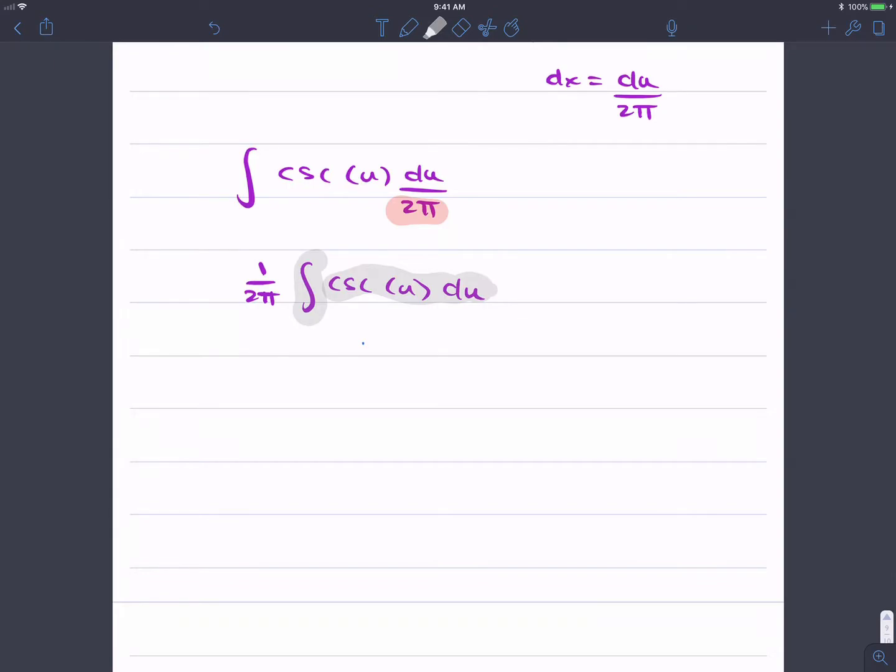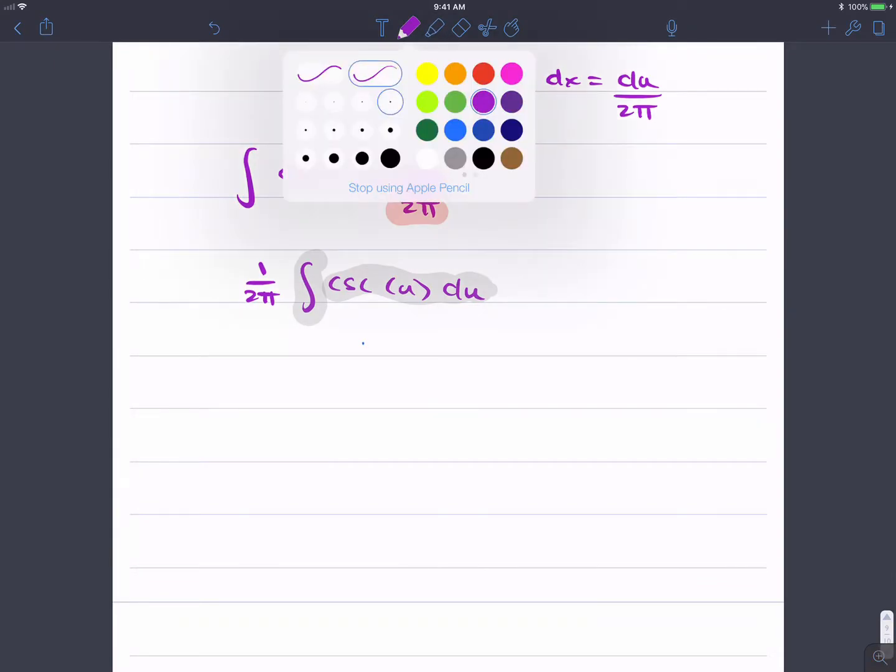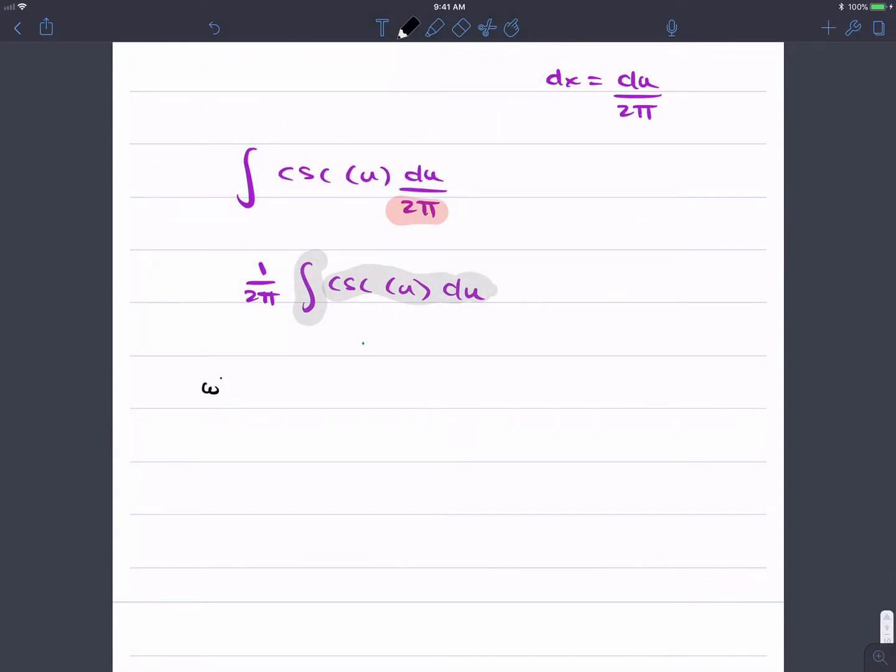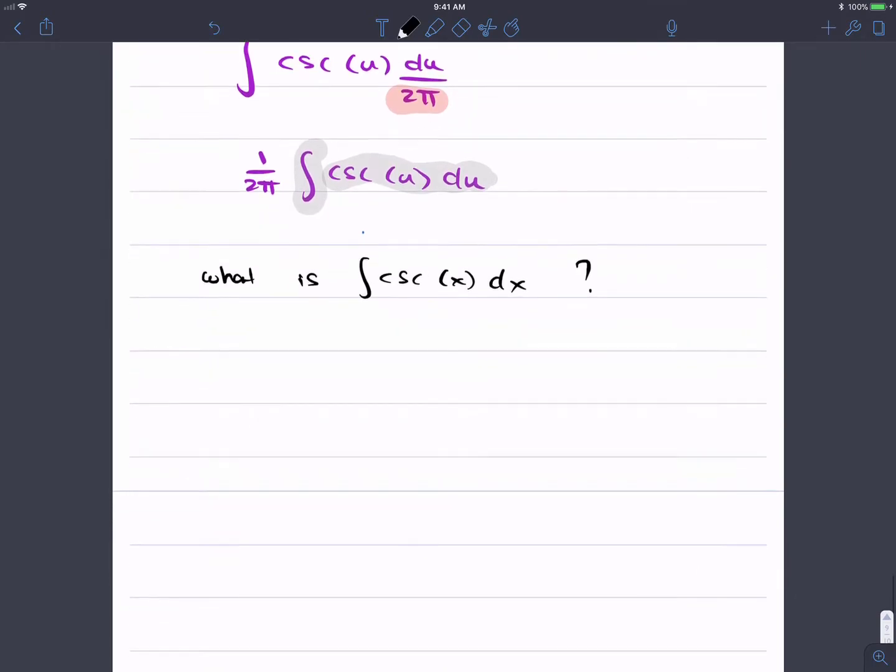So, here's what you'd have to do, maybe. I'm going to have to ask this question. What is the integral of cosecant x dx? Okay, if I know that integral, I can write a u sub version and apply it here. So we're going to have to do a quick detour and find this integral.